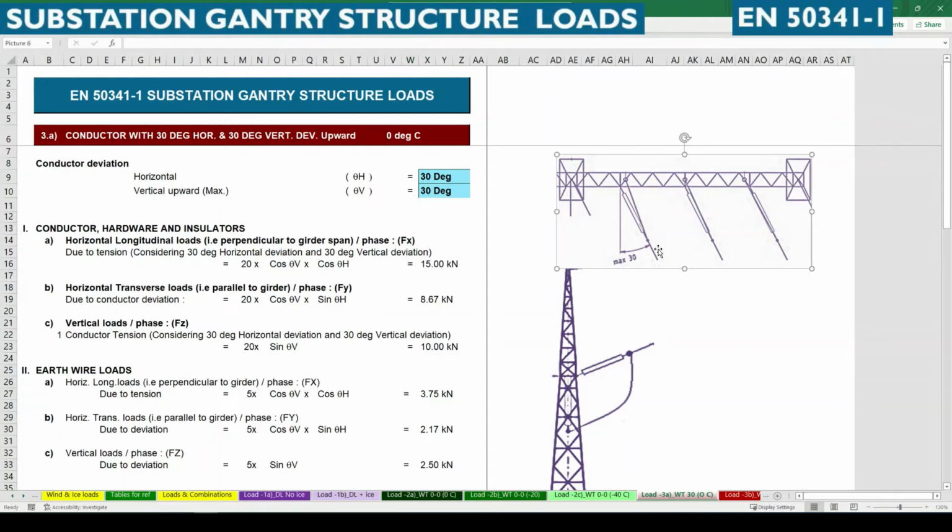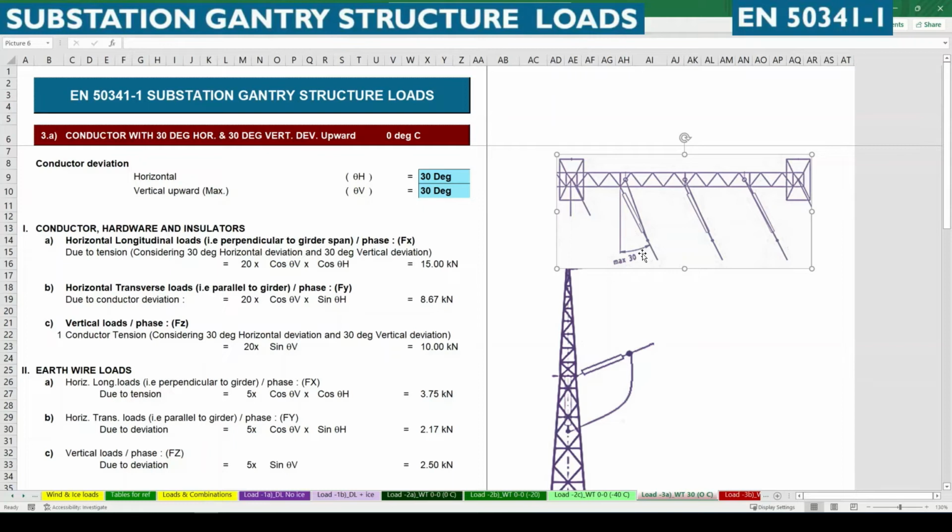As you can see in the right hand side picture, the maximum 30 degree deviation means the conductor, which is running perpendicular to the girder, has some deviation due to the location of the other end structure.